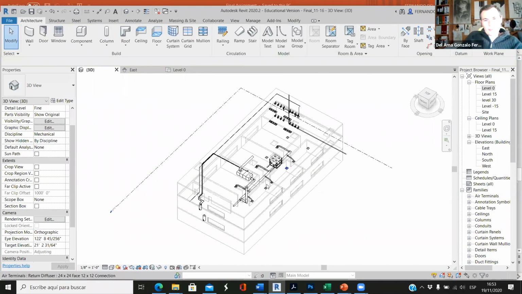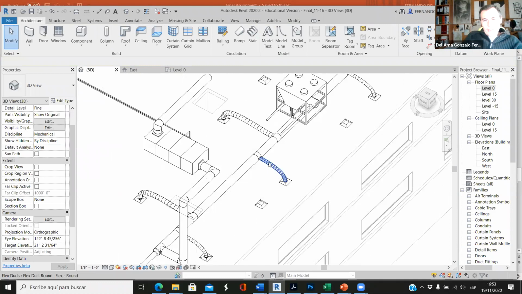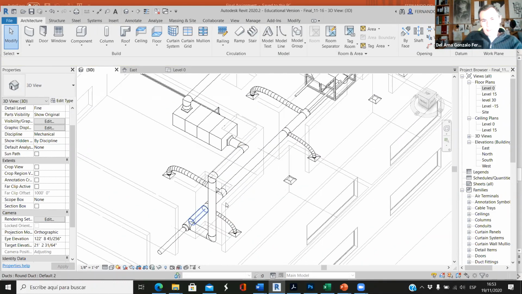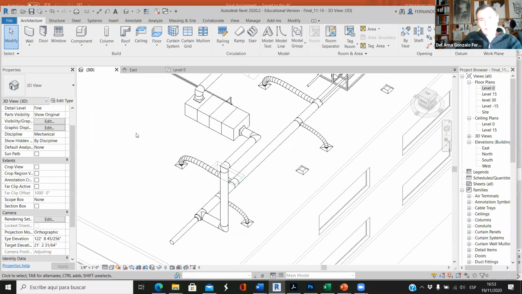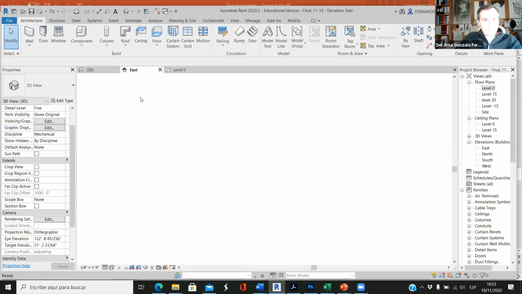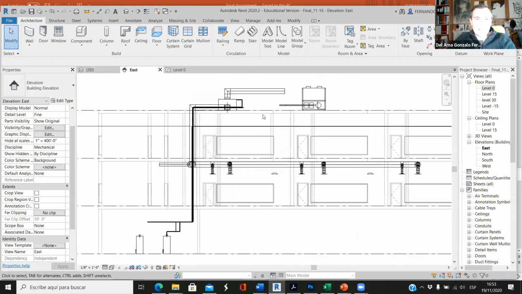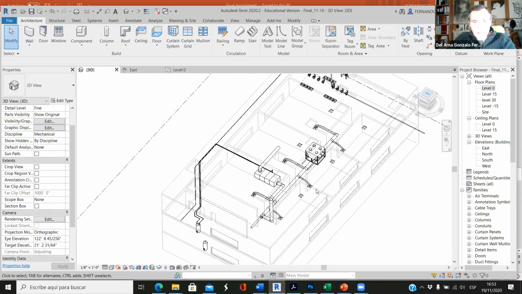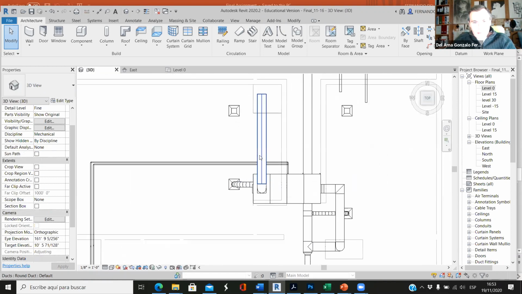Okay, so this is the supply, but now we have to deal with the return, and we have to be careful because we can have these intersections. So how can we do this? We can work from the east elevation. Well, first let's see this. So this is the return duct, and there's a shaft here.